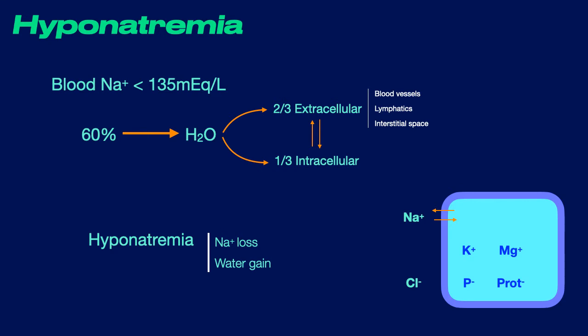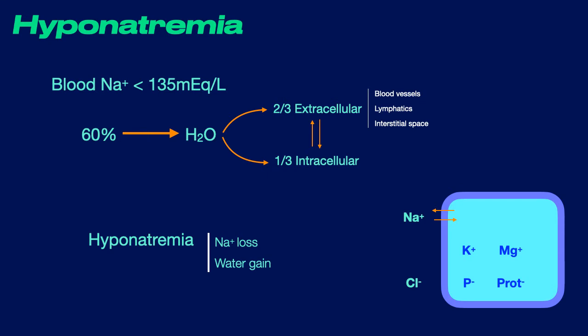The most common anion in the extracellular compartment is chloride. You see it there in the drawing that represents a cell. And in the intracellular compartment it is phosphate and negatively charged proteins.